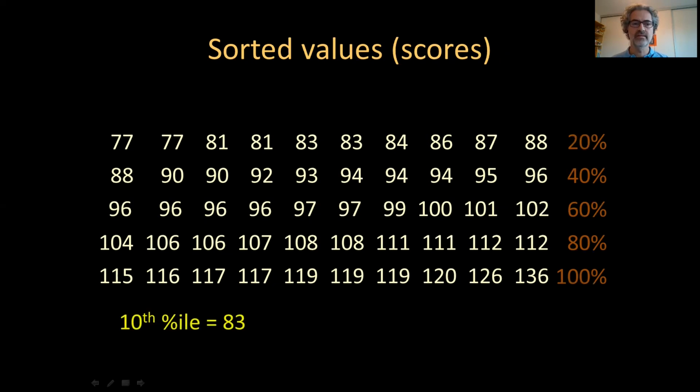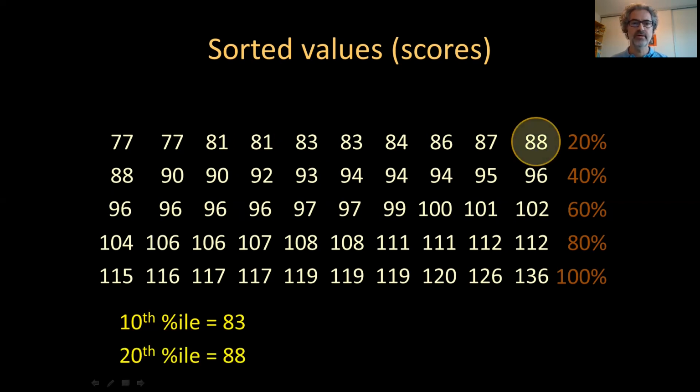So in this data set, the 10th percentile is 83 because the 10% smallest values in the data are these. It's the first 5 values. The first 5 values in the data set of 50 values is the 10% of values. And because they're sorted in ascending order, this is the smallest, this is the 5th, and so it's the 10th percentile. So the 10th percentile is equal to 83.